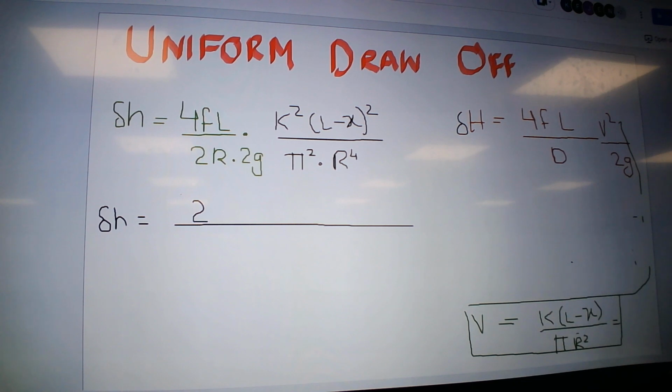F is F. L is L. This is R, and R to the 4. Oh, again, sorry, I made a tiny error. There is a 2 here, and there is a 2 here, and there is a 4, so they will cancel completely. That will become just FL, and the R and the R to the 4 becomes R to the 5.